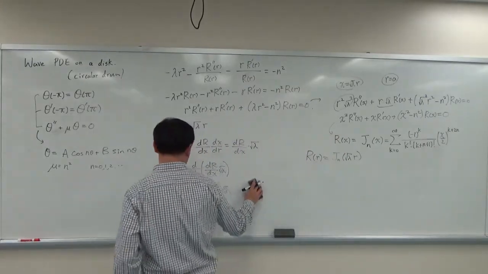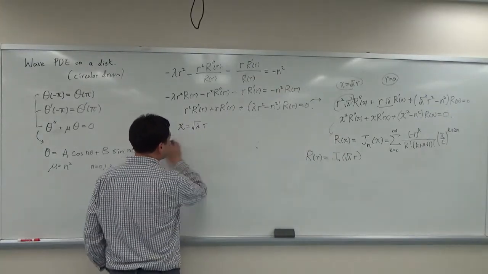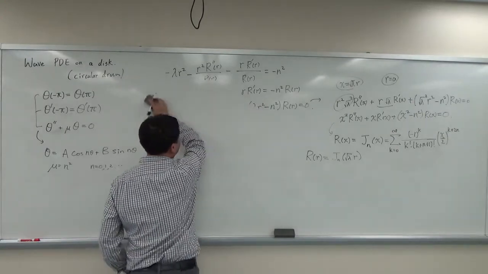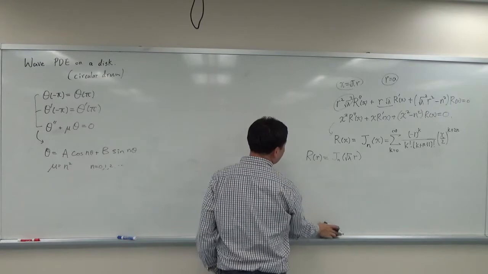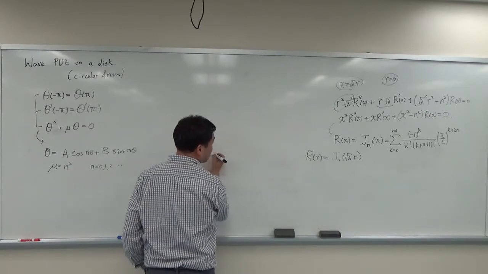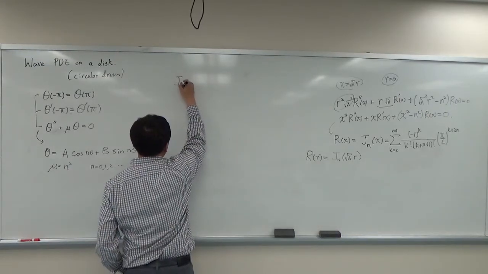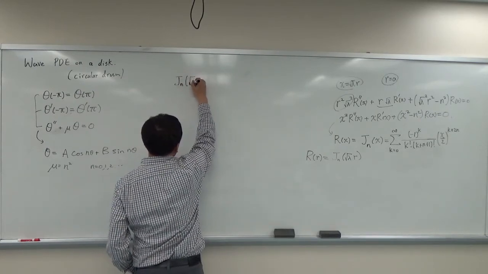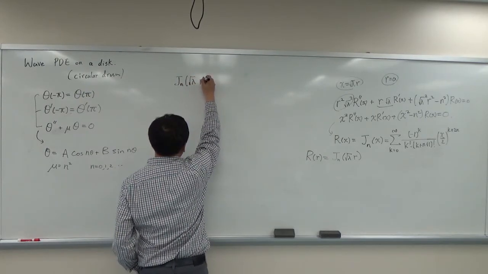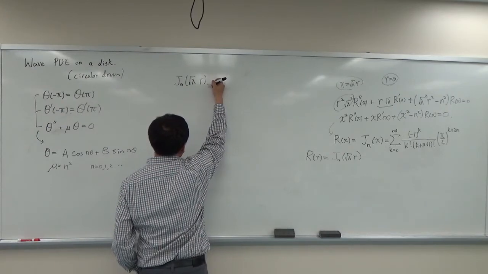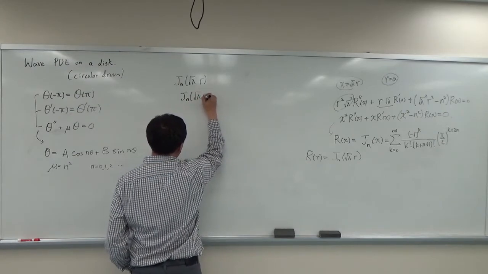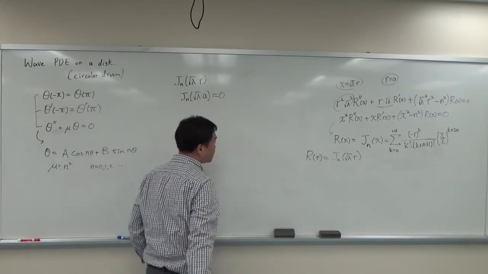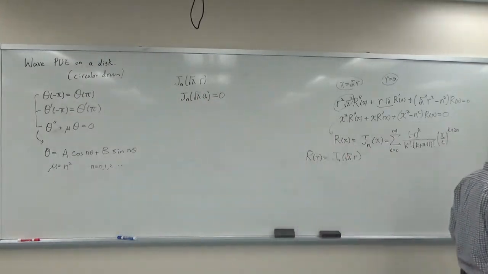All right. So now what can you say? From here, we use the following fact. J_n of square root of lambda r has to satisfy the following fact that J_n of square root of lambda a has to be 0, right?